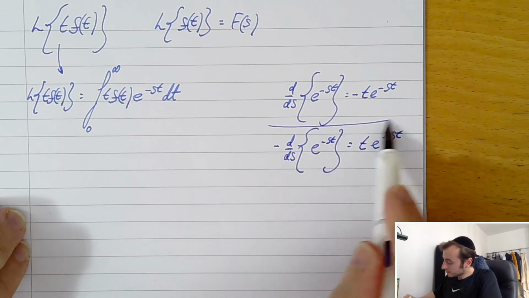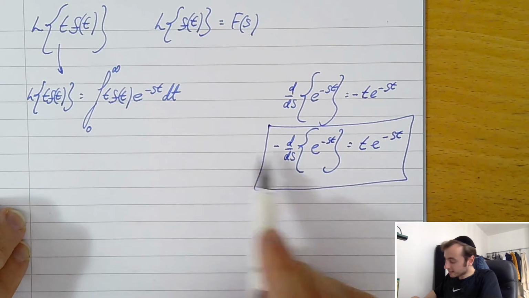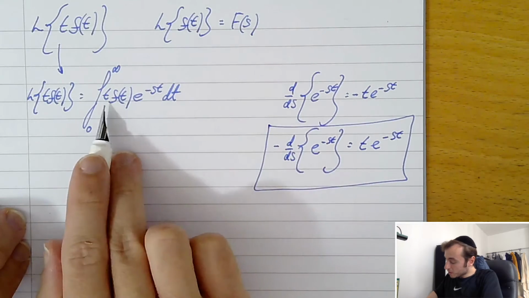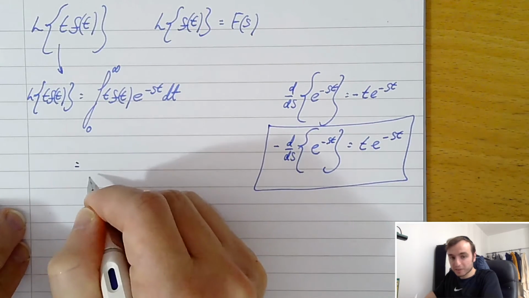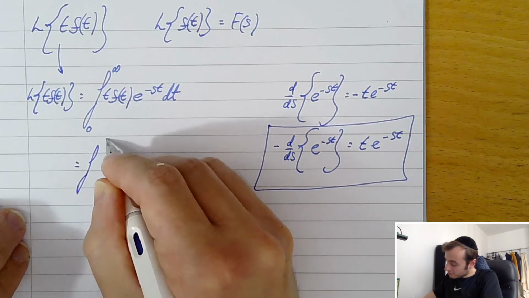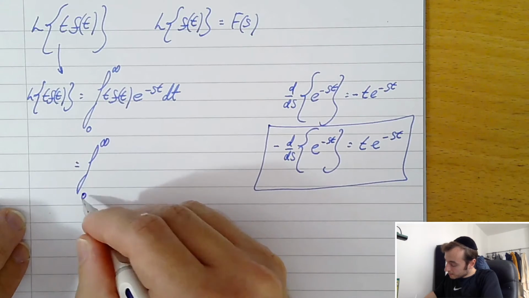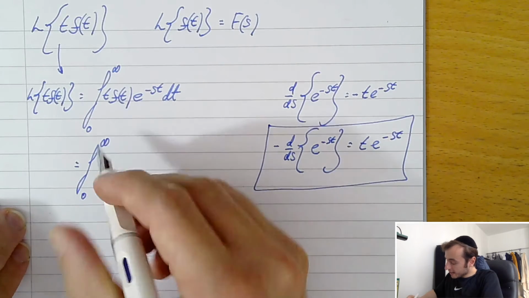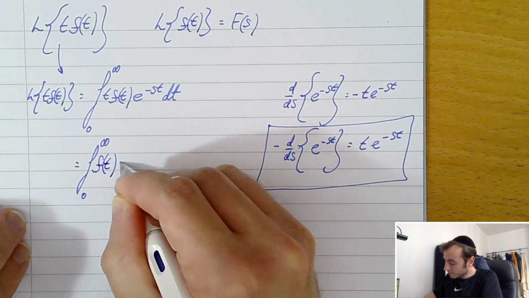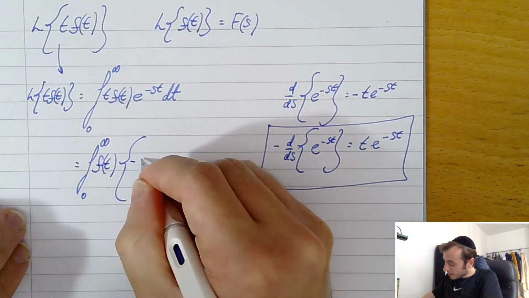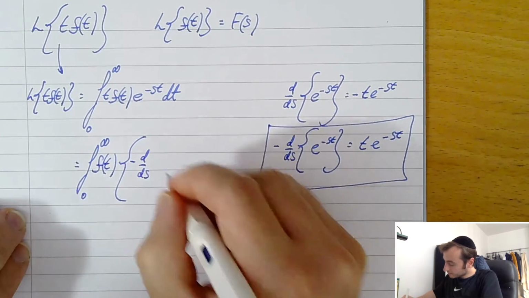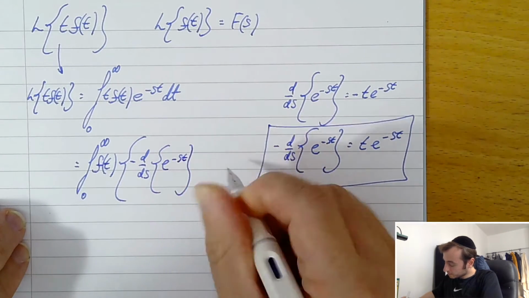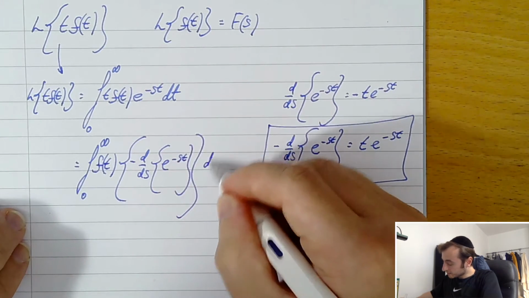And that is a substitution we can make over here, because we've got t e to the minus st. So if we make that substitution, we can say the following. I'm going to put f of t in over here, and then minus d by ds of e to the minus st dt.